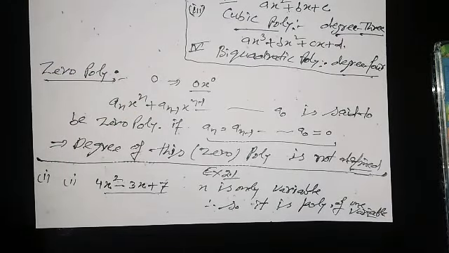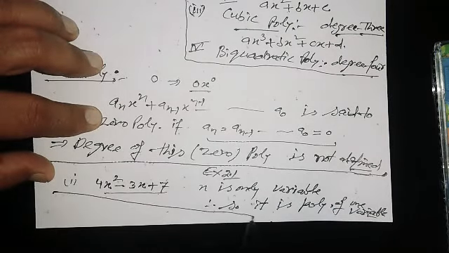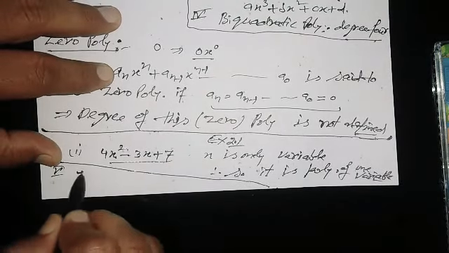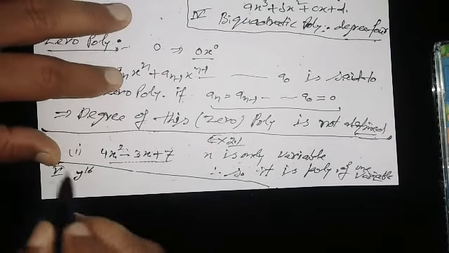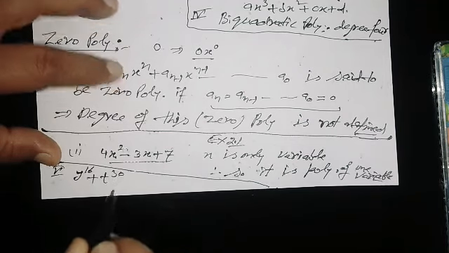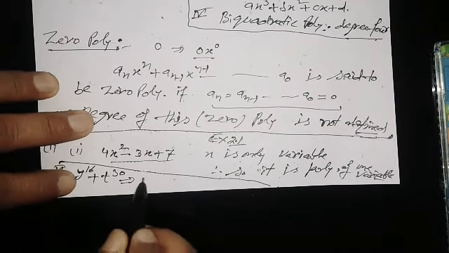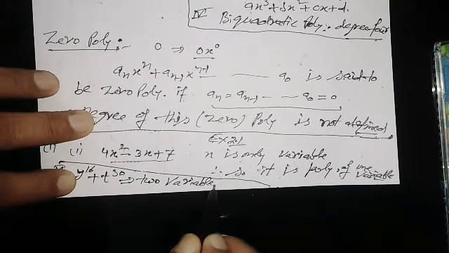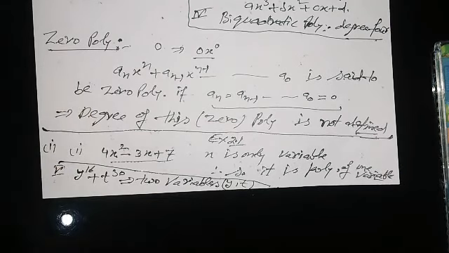Now you can take another one, that is the fifth part of this question, y^16 and t^30. As you see, this expression has two variables. How many variables? Two variables, y and t. So we cannot say it is a polynomial having one variable.